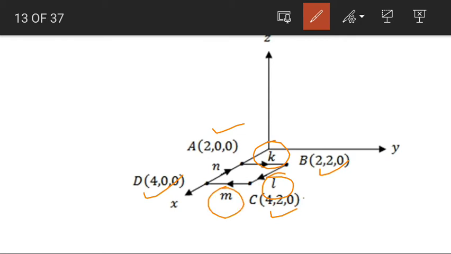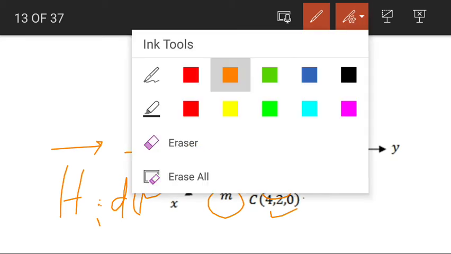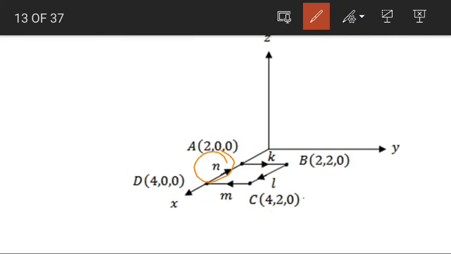Then we will consider the straight line segment M, and we will calculate the integral of H dot dl along this straight line, and finally we will consider this straight segment N, and we will calculate H dot dl along this straight segment.